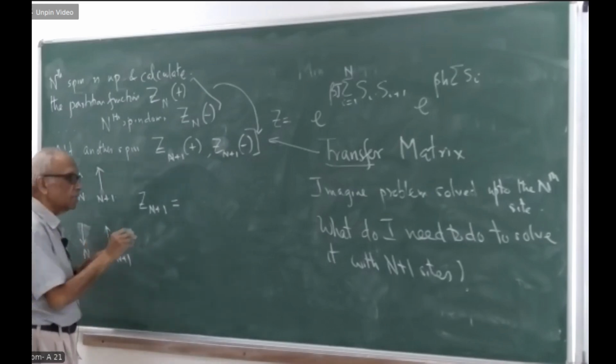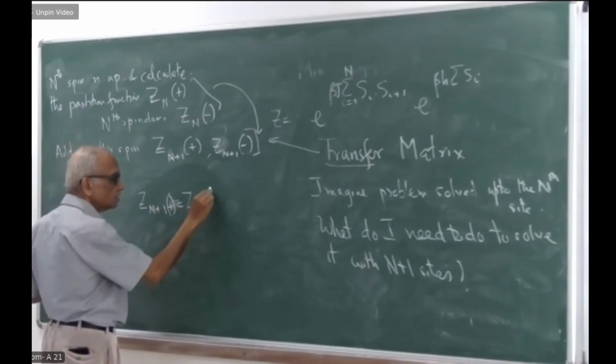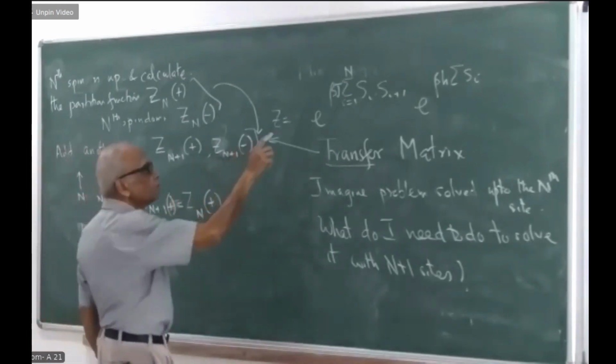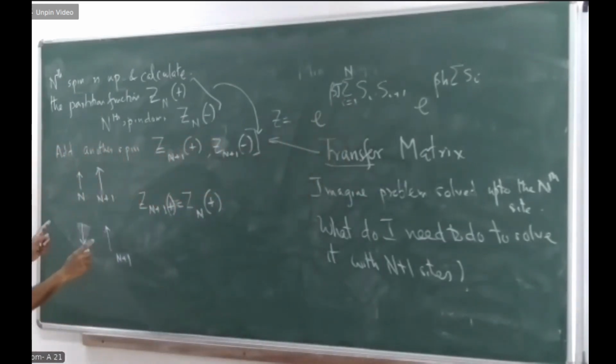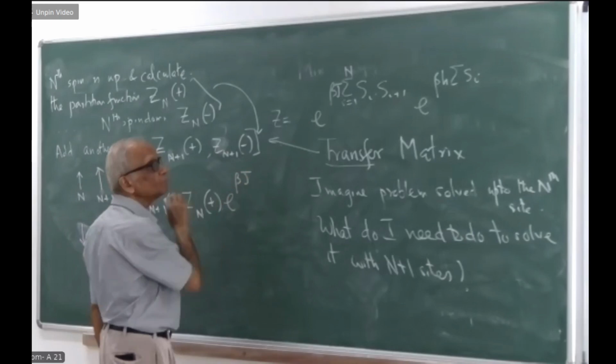So Zn plus 1, if up, so I'm looking at this one, Zn plus 1 up is Zn up, which is this, and then I have to add the relevant part of this. The relevant part of that is Sn plus 1. So Sn and Sn, and both of them are positive. So it is plus 1 for both, and I get e to the power beta J.